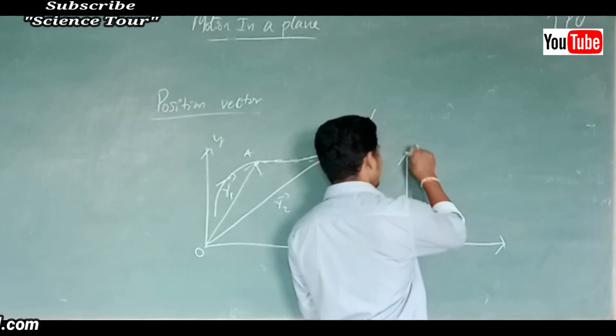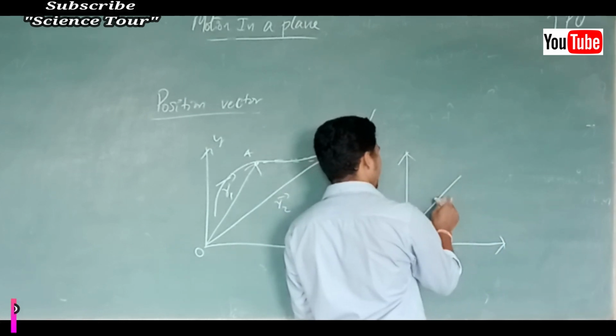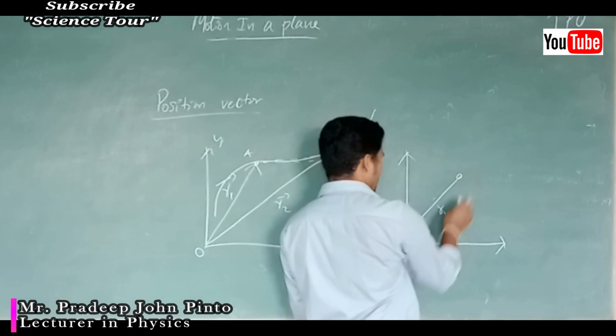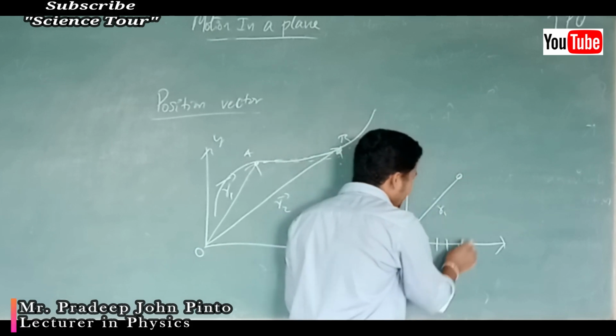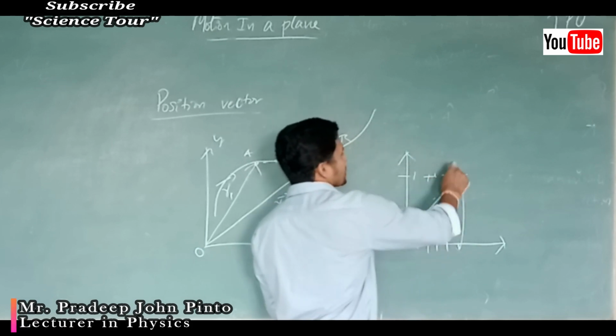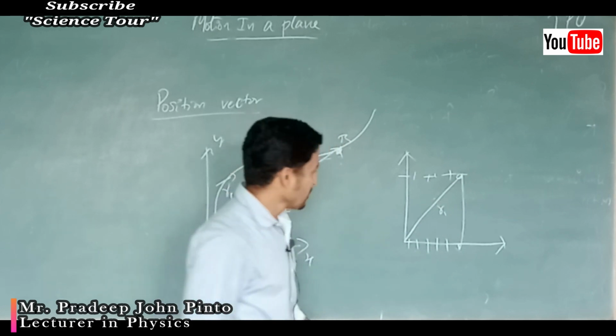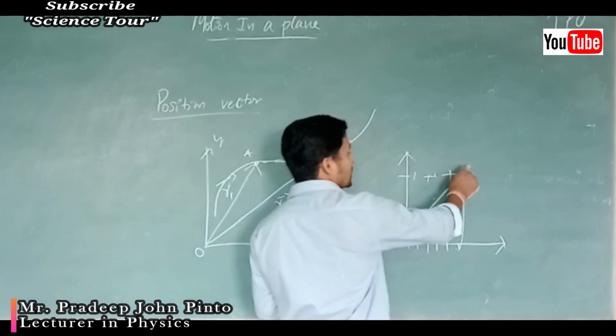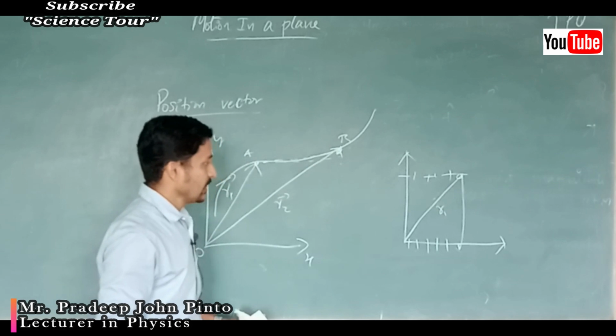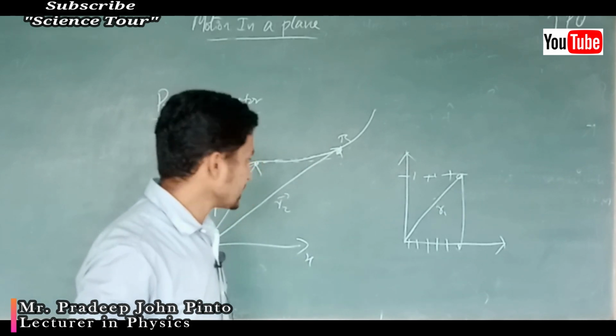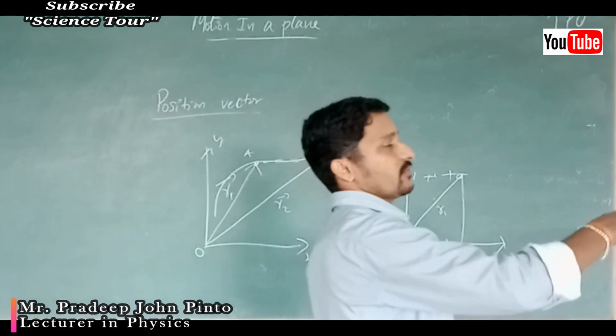If I write a single vector, see, it has moved along the x axis and moved along the y axis. This R is possible only when this person is moving along the x axis and along the y axis.